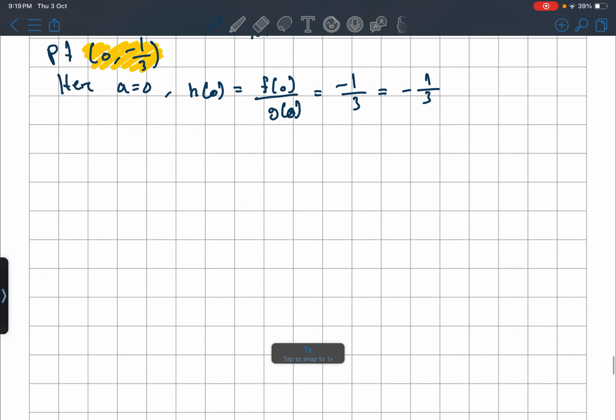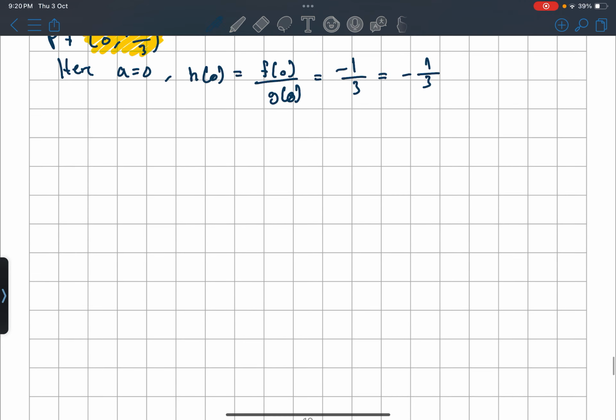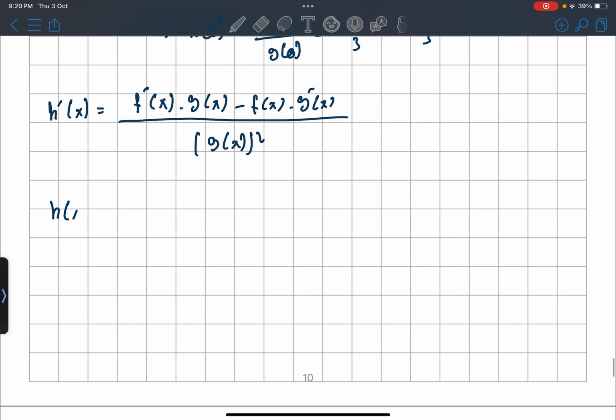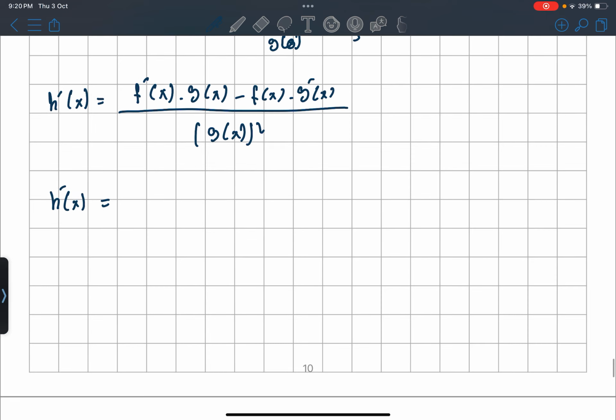Okay, next we have to get the derivative. It will be f prime x times g(x) minus f(x) times g prime x, and the denominator as well will be squared. Let's get it. It will be f prime 0 times g(0) minus f(0) times g prime 0 over g(0) squared.